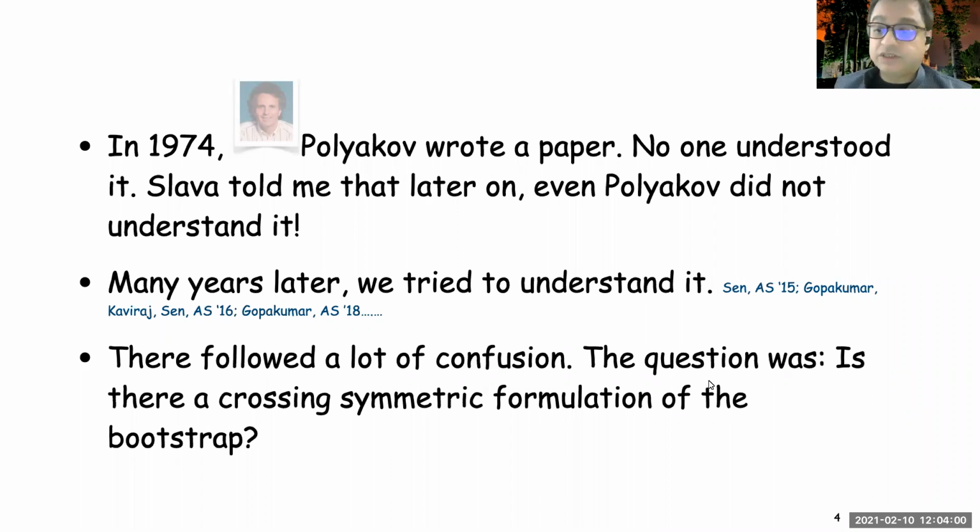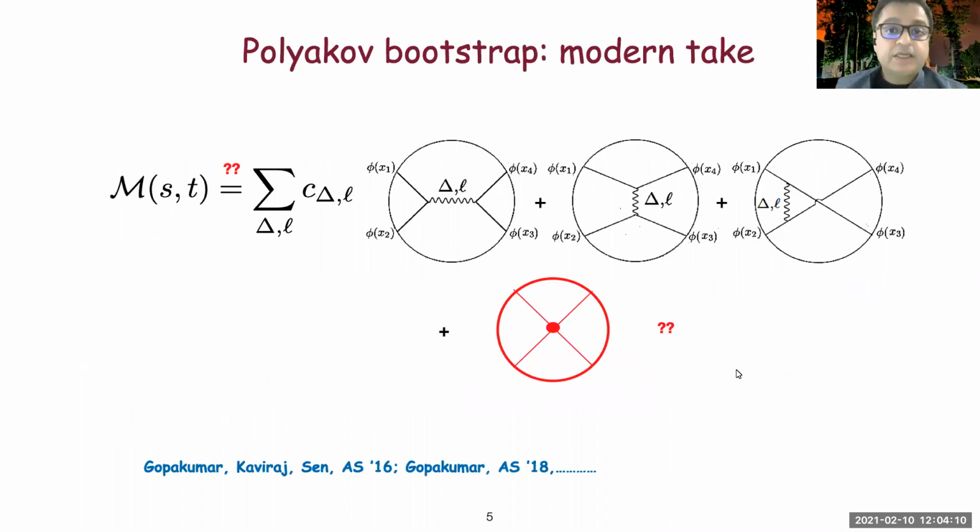I'll summarize the confusion in a bit. The question was, is there a crossing symmetric formulation of the bootstrap? So what does a crossing symmetric formulation mean? It means that you have here the Mellin amplitude, in the language of the conformal bootstrap, or in the language of quantum field theories, just the usual amplitude, and S and T are either the Mandelstam invariants or, in the language of Mellin amplitudes, the Mellin variables.